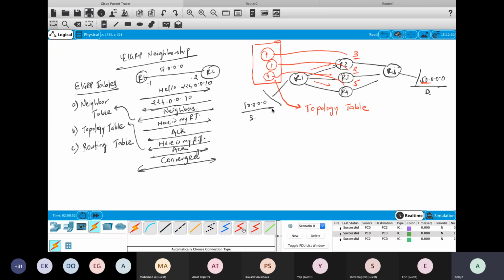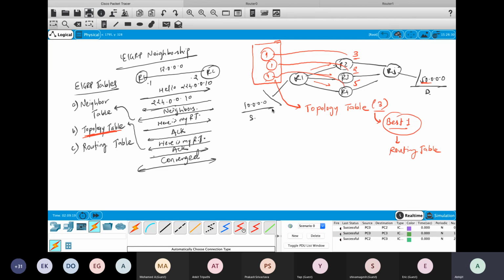As I told you, your topology table is going to have almost 3 routes now. And the best route amongst these 3 routes, only one best route, is going to be inserted into the third table called the routing table, which means your topology table can have multiple routes, but only the best route will be inserted into the routing table.